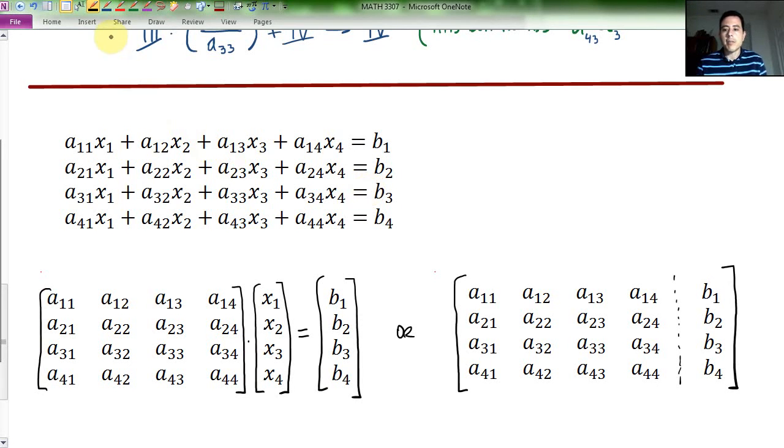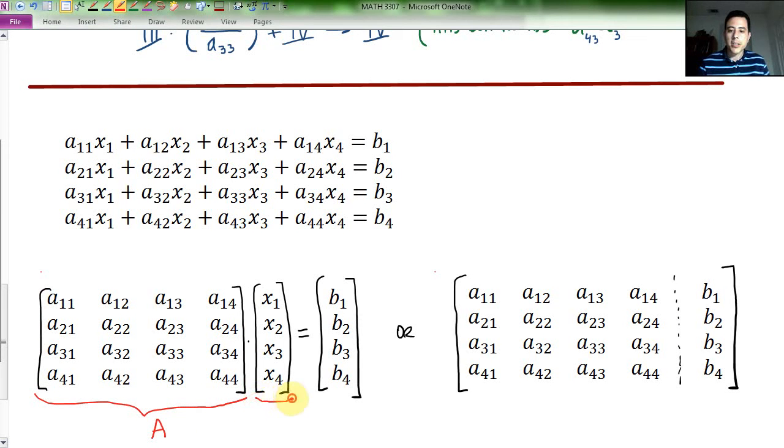There is the matrix algebra format, which you probably saw in a video before. You can write this system here into a matrix equation. So this first matrix here is called the coefficient matrix.